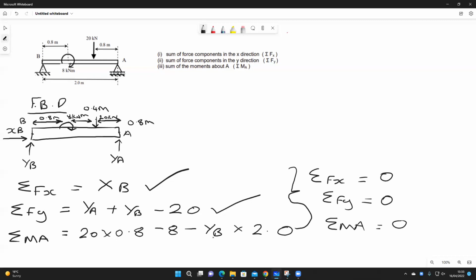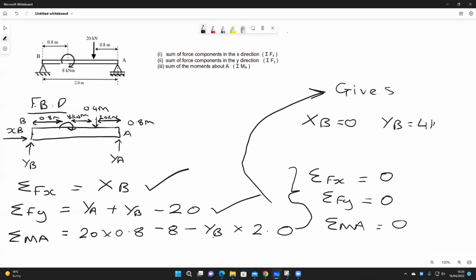So once we've worked this out, this gives XB as 0, YB as 4 kilonewtons, and YA as 16 kilonewtons.